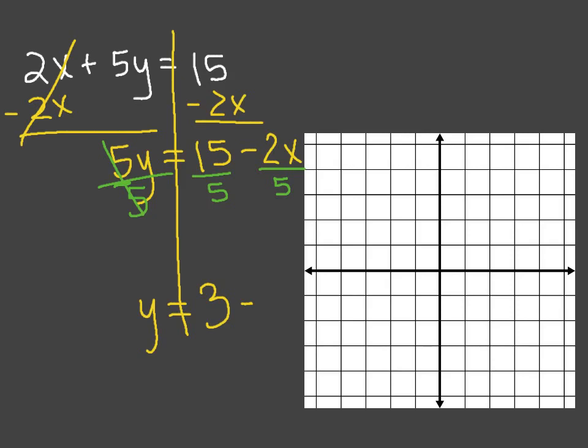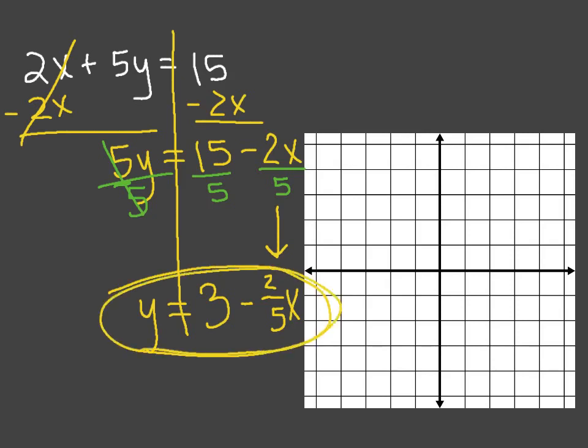And we don't want decimals because those are very hard to count when we graph them. So we are simply going to bring this part of the equation down and leave it in fraction form. 2 over 5x. And now that our y is by itself, we have written this equation in slope-intercept form.